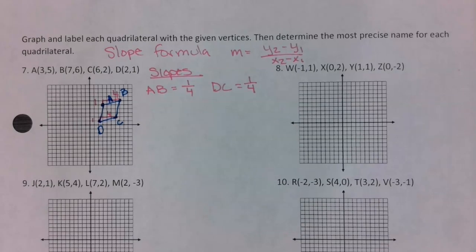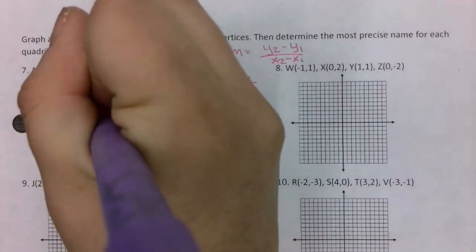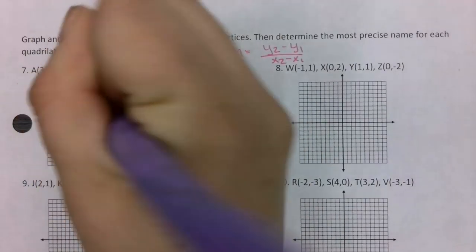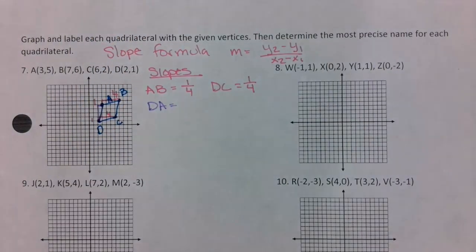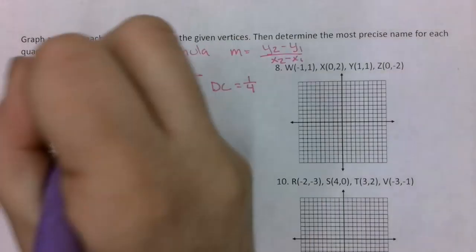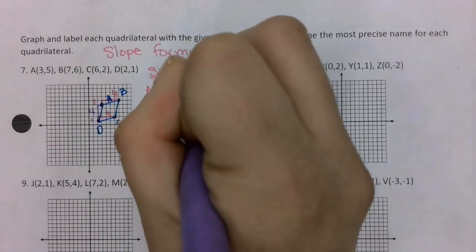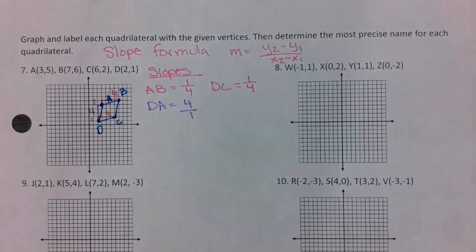Okay, then I want to do the same thing with the other two sets of sides. So I know this is at least a trapezoid. I need to check to see if I have two sets of parallel lines. So I'm going to go from D to A. How many did I go up from D to A? 4. And how many did I go over? 1.